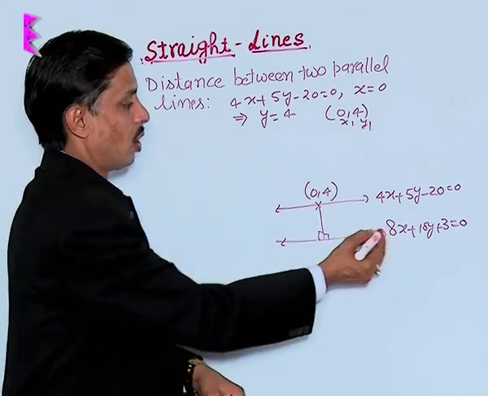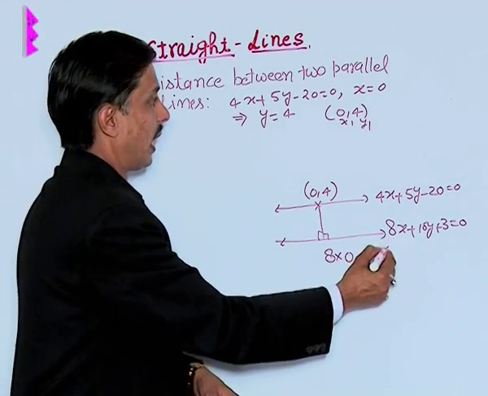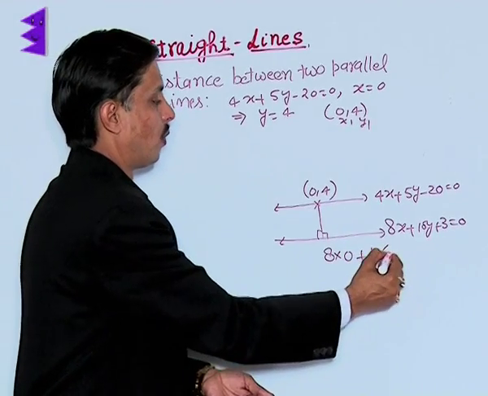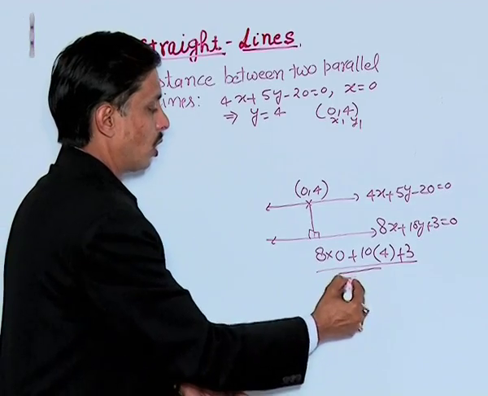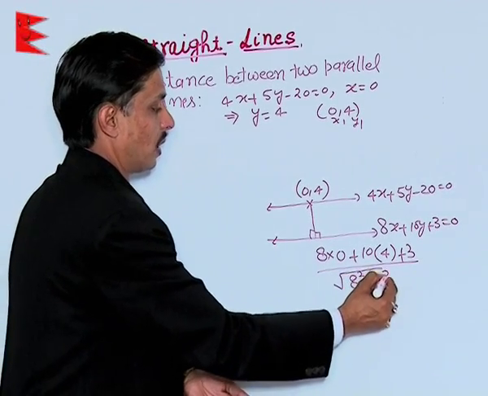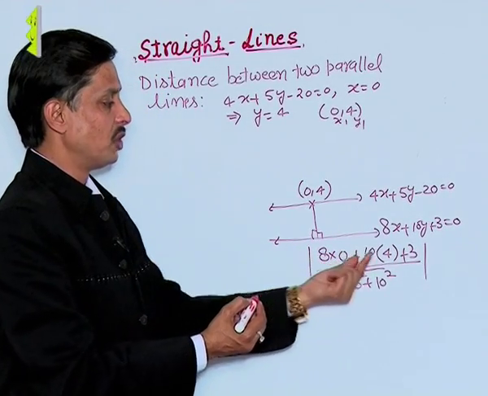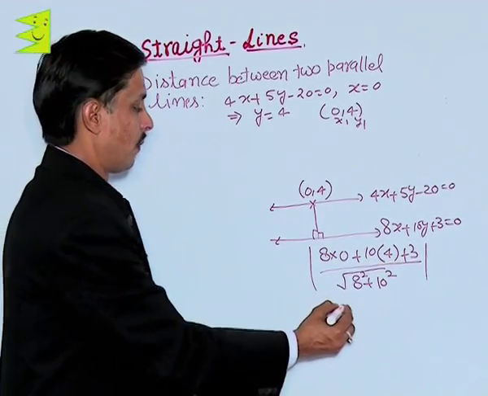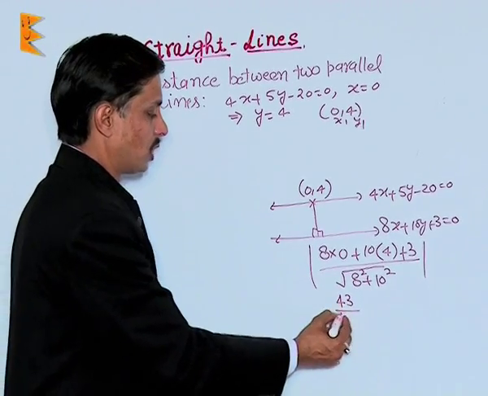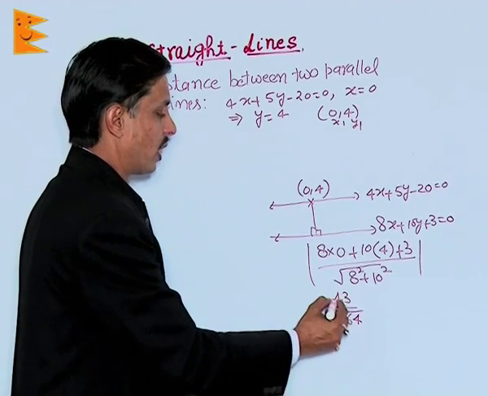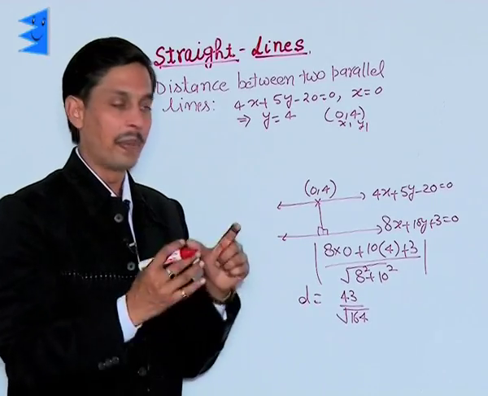So in place of x in the second equation, we will write 0, plus 10 into 4, plus 3, divided by the root of 8 square plus 10 square, and its mod. This becomes 0, this becomes 40 plus 3, that is 43, upon 100 plus 64, that is the square root of 164. This is the distance between the two parallel lines.